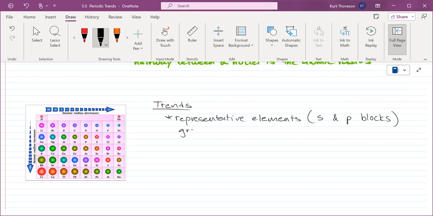These are going to be groups 1, 2, 13 through 18. You're not going to consider the D block. You are not going to consider the F block, because when you're determining the outermost electrons, that's really what's going to influence the size of these atoms. And as I've told you before, calculating valence electrons is done by adding S and P.